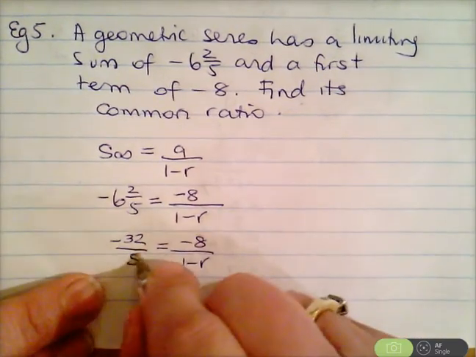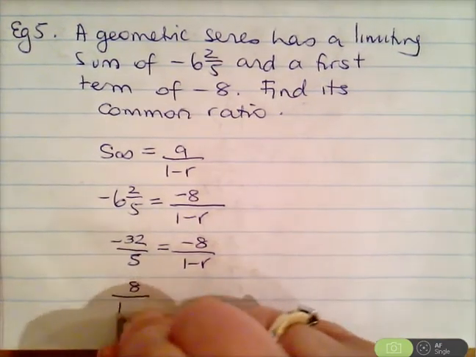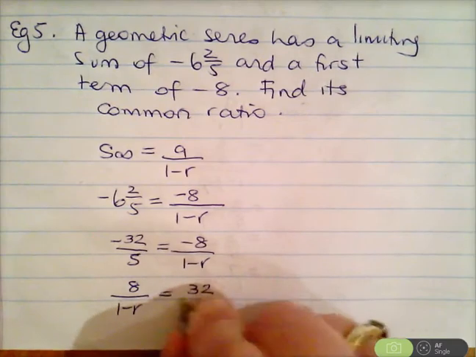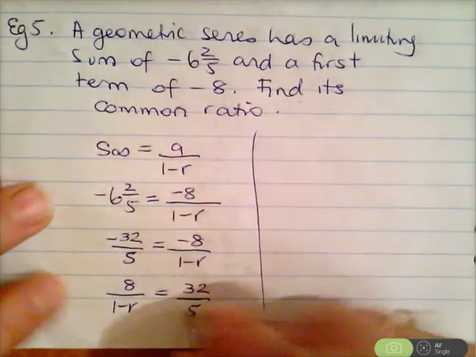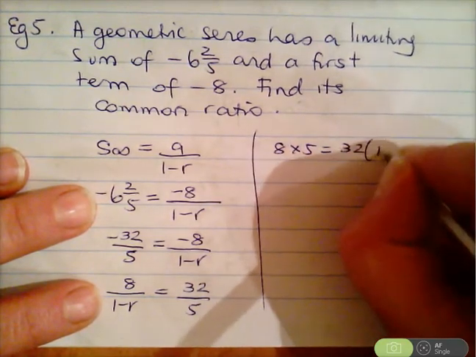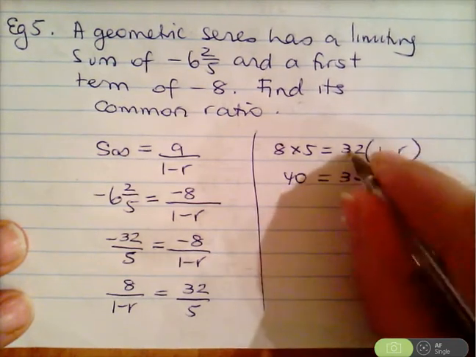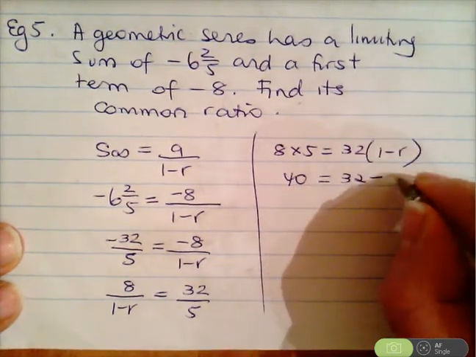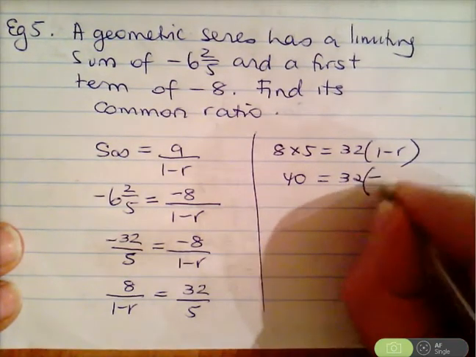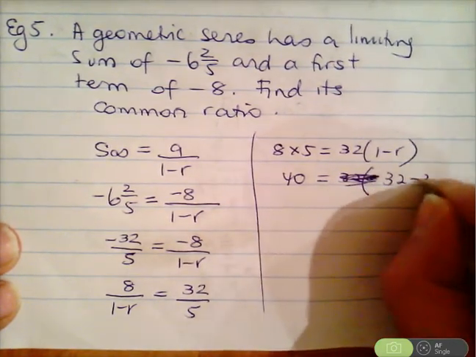I'm going to multiply both sides by negative 1. I get 8 over 1 minus r equals 32 over 5. And now I can cross multiply, so 8 times 5 equals 32 times 1 minus r. So therefore 40 equals, expanding, 32 minus 32r.